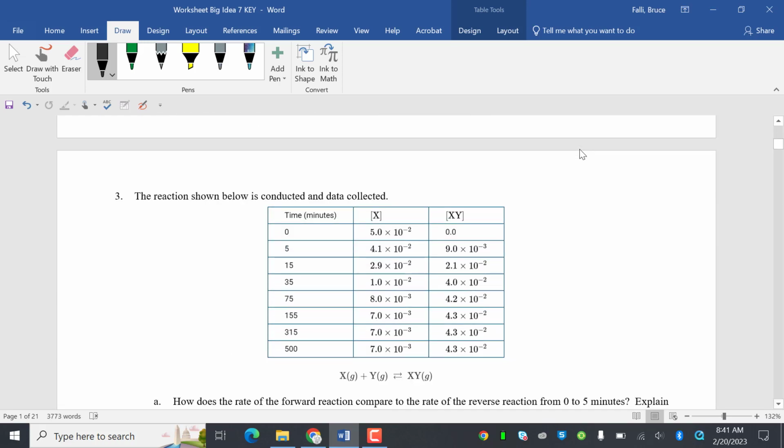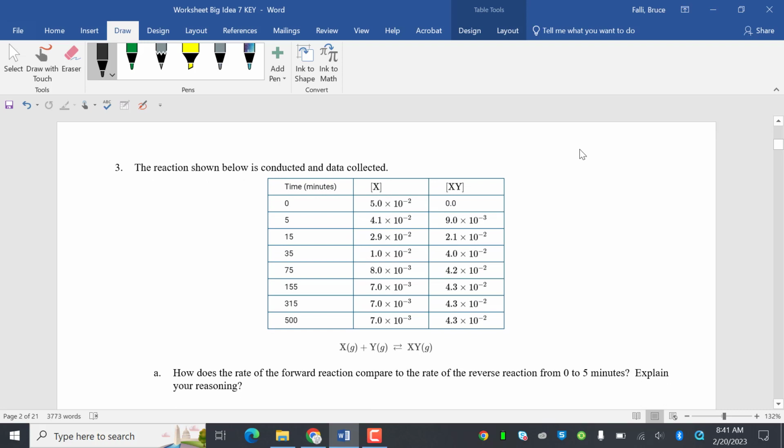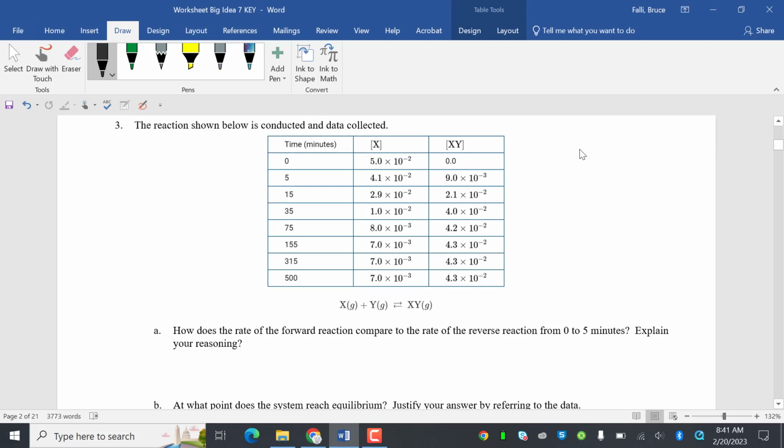Let's move on. The reaction shown below is conducted and data is collected. How does the rate of the forward reaction compare to the rate of the reverse reaction from 0 to 5 minutes? The rate is change in x over change in time. Let me throw that in my calculator real quick. I'm going to do 4.1, and these would be absolute values.